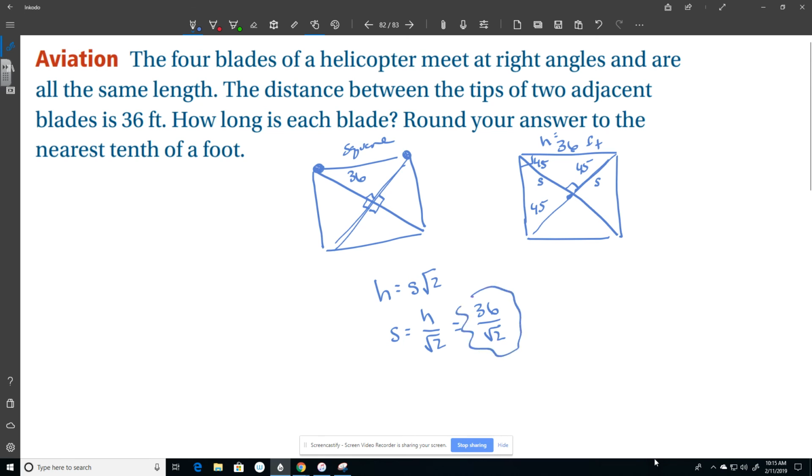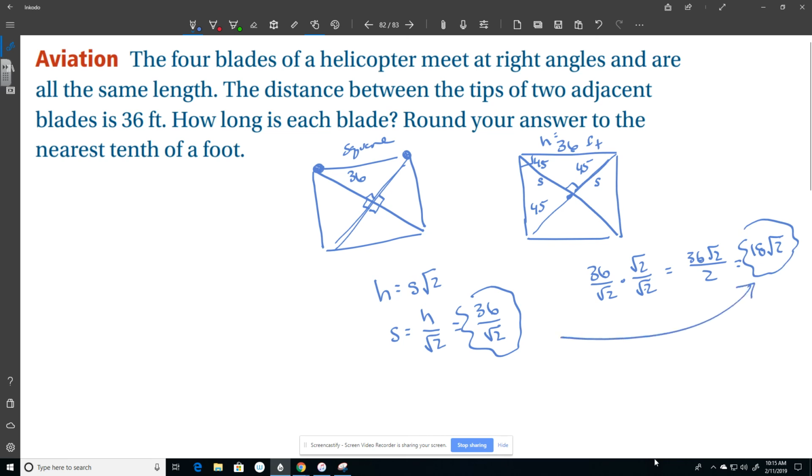If it doesn't like the square root of 2 on the bottom, I'm going to multiply the top by square root 2 and the bottom by square root 2. So 36 root 2 on top. Square root of 2 times the square root of 2 is 2. And then 36 divided by 2 becomes 18, and I'm left with square root 2.